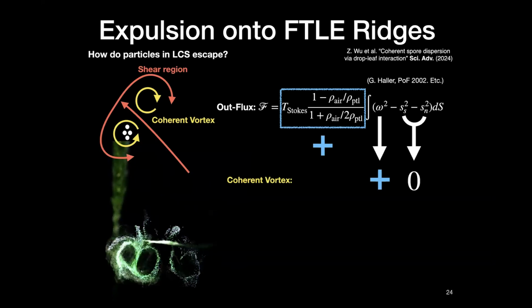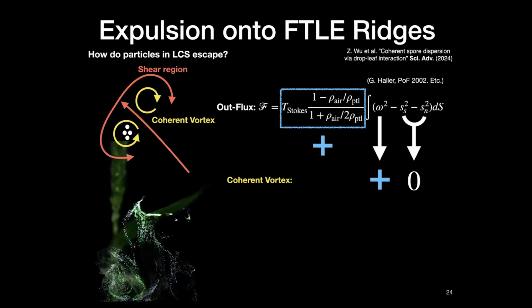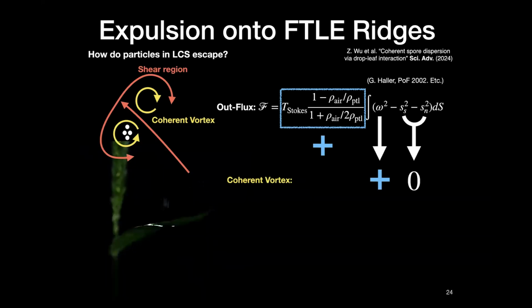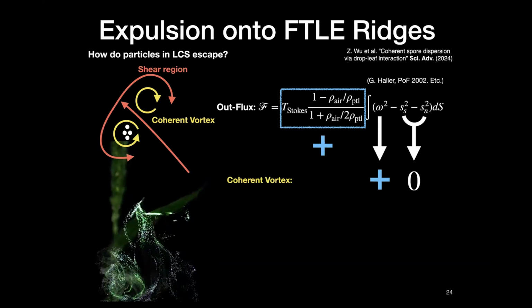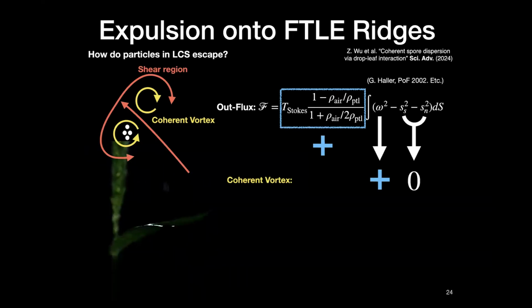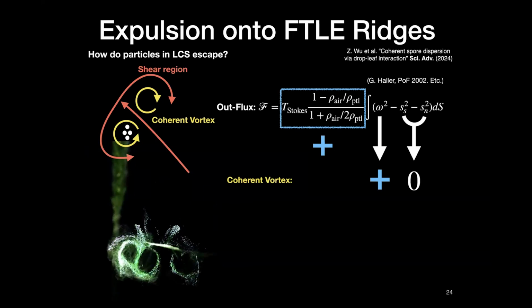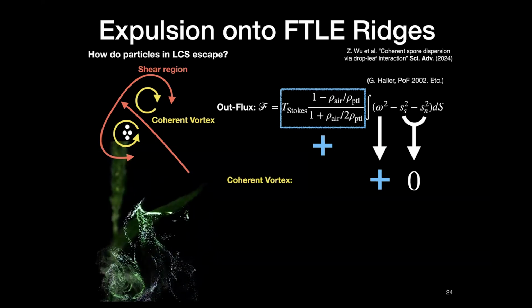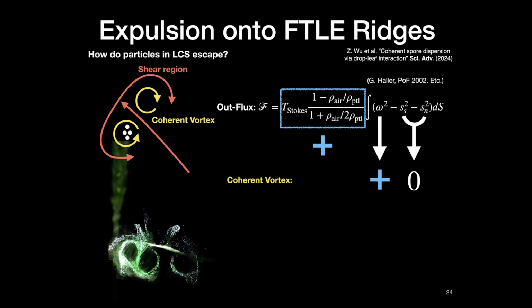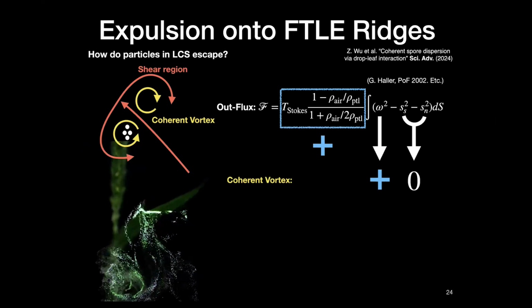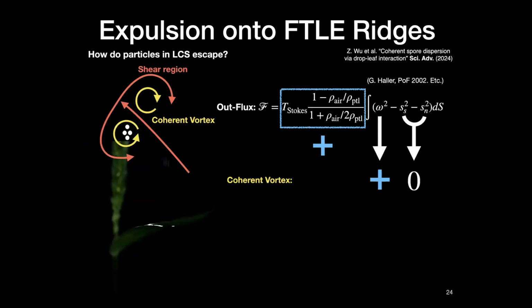So when omega is positive and there's no shear, we expect this outflux value to be positive, which means the particles will be ejected from the coherent vortex. This is a fancy way to explain the centrifugal force. It's nothing but the centrifugal force. If the particles are swirling around, they will be ejected outward.